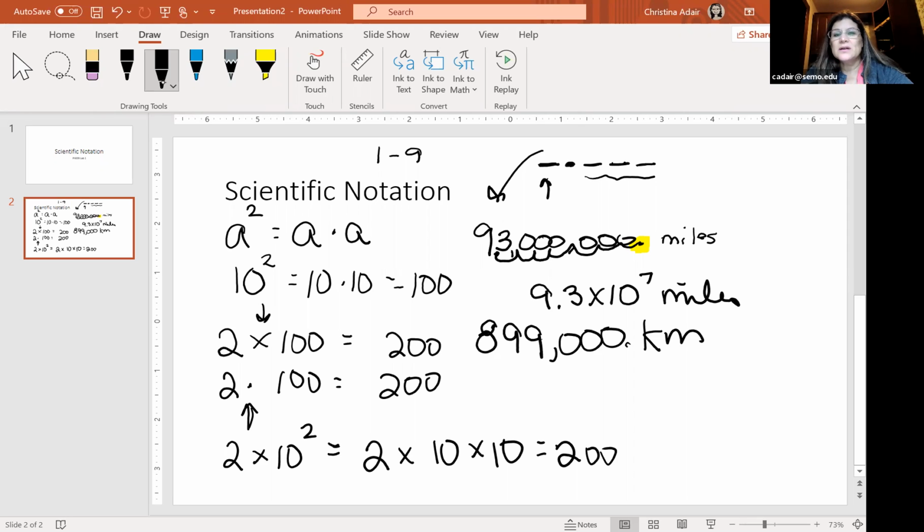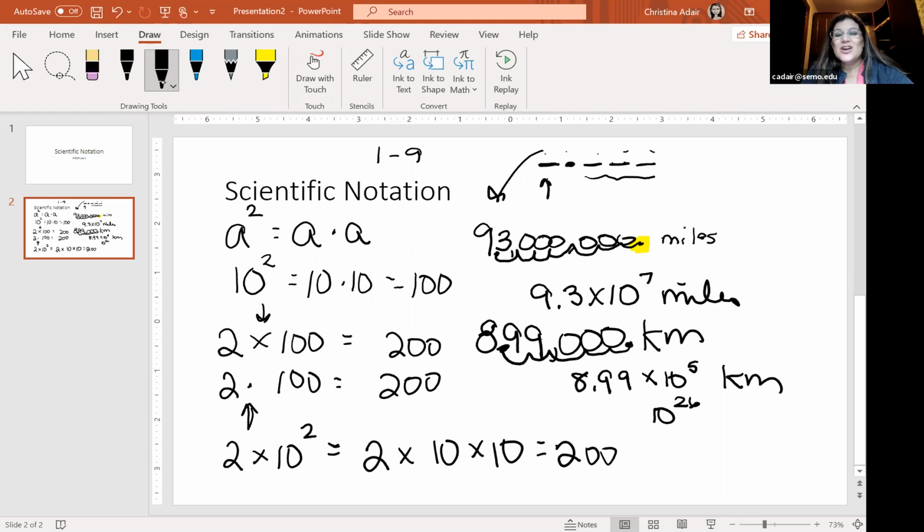Well, we do the same thing. Start here and I go 1, 2, 3, 4, 5, because I want to have the formula where there's a number, a decimal point, and then whatever numbers. So now this is written 8.99 times 10 to the 5 kilometers. The reason why we do that is because it's shorthand notation. We do have some things that end up being 10 to the 26 kilometers.